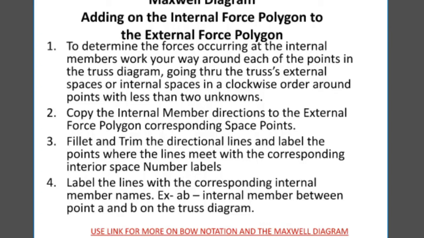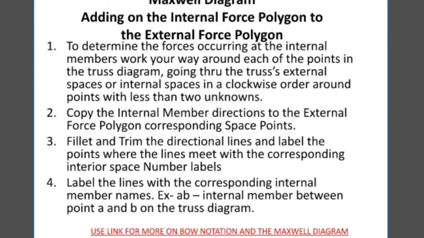Then fillet and trim the directional lines and label the points where the lines meet with the corresponding interior space number labels. Last, label the lines with the corresponding internal member names. For example, AB is the internal member between point A and point B on the truss diagram.